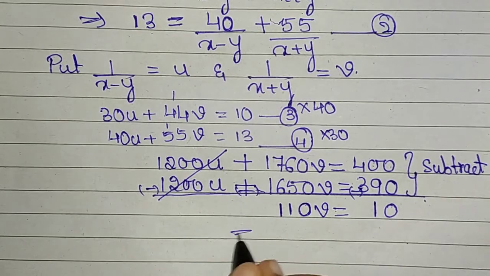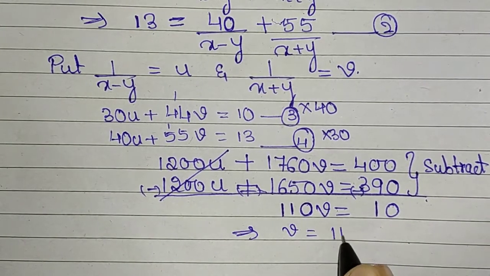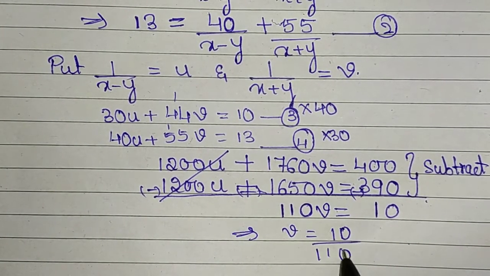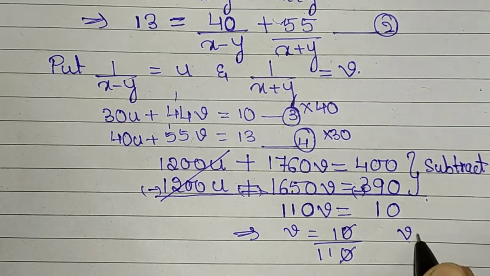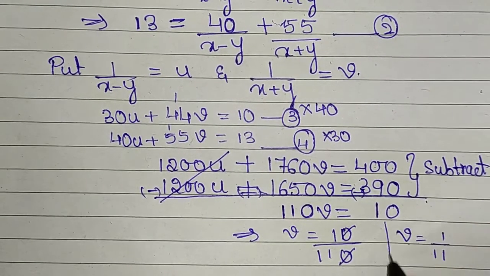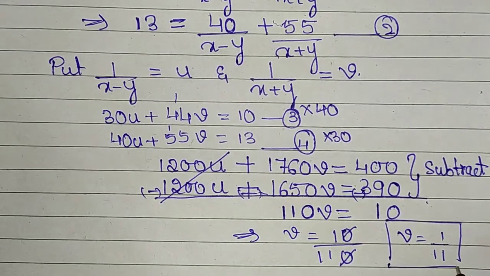So this implies v is equal to 10 by 110, which is 1 by 11. This is our first result.